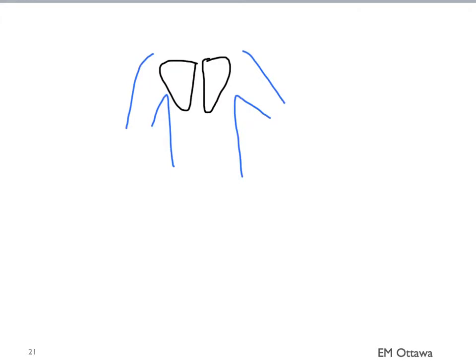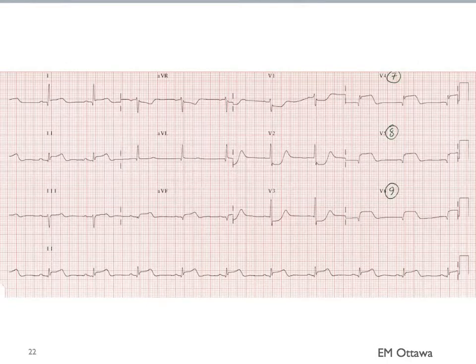To do posterior leads, EKG leads are put in the back part of the body, just underneath the scapula. It is usually denoted by V7, V8, and V9. Often in a 15-lead, only V8 and V9 are being performed. This is what the patient with the ST depression in V1 to V4 looks like with V7, V8, and V9. Do you see the ST changes?